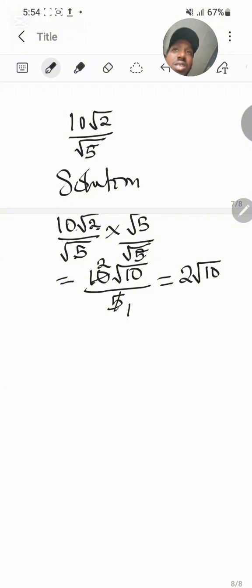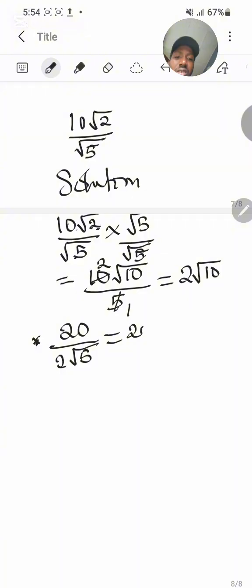Let's take the last one on this kind of case A, where we are rationalizing the denominators. Let's say we have been asked to find 20 all over 2 root 5. So what I can do in this case is the same principle.